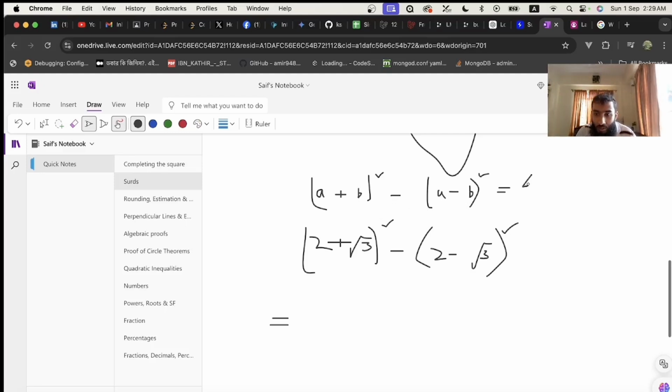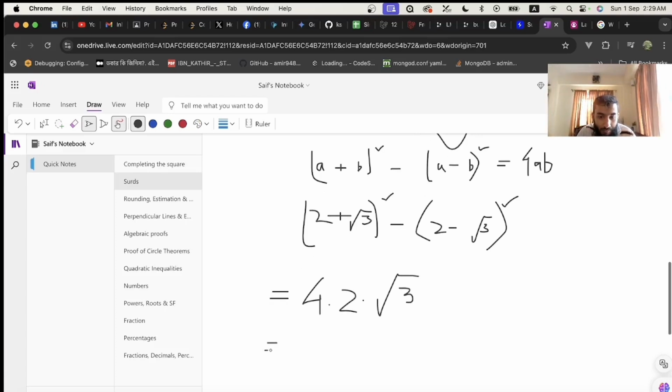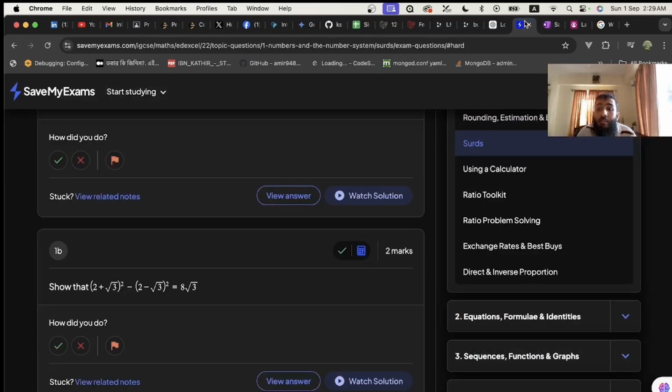So this is 4AB, right? So this would be 4 multiplied by A as 2, multiplied by B as root 3. So this is 4 multiplied by 2, which is 8, multiplied by root 3. This is a surd number, and this is what was required to prove.